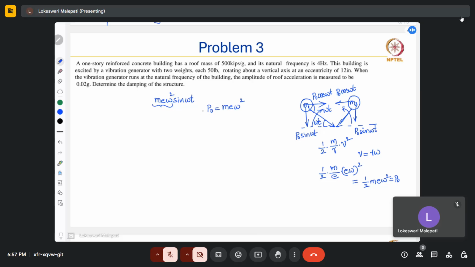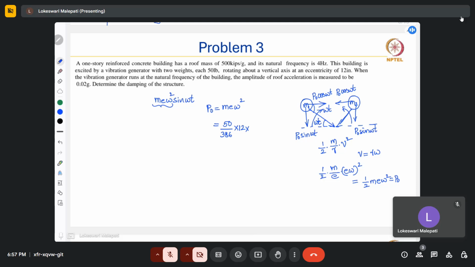So let's find out this P naught value. They did not give the mass, so we need to find that out. It would be 50 by 386, and the eccentricity is 12 inches.